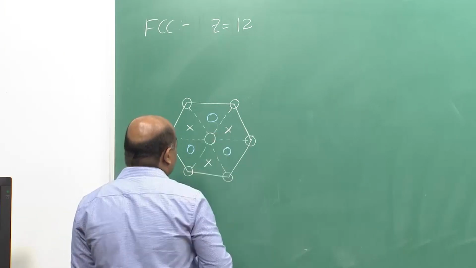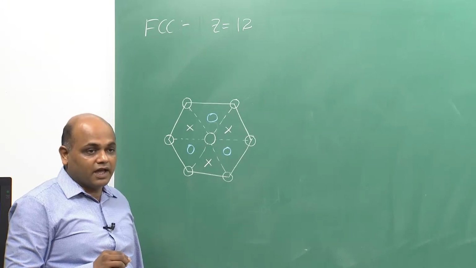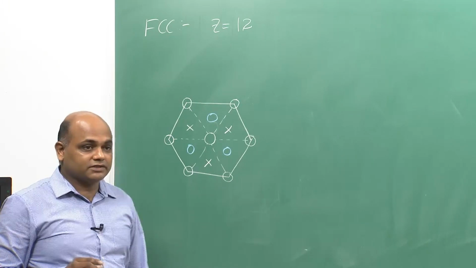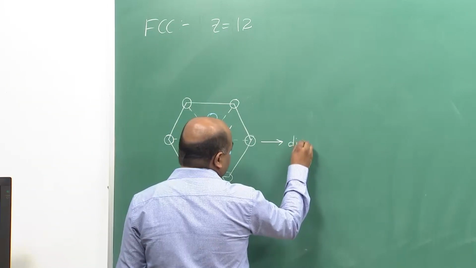So, how many different types of jump vectors are there depending upon the angle that they make with the diffusion direction? So, suppose our diffusion direction in this case is this one.